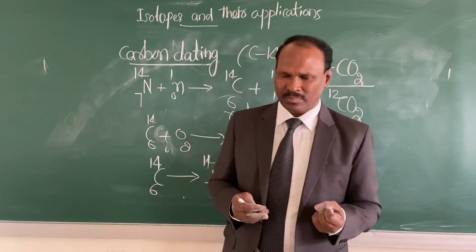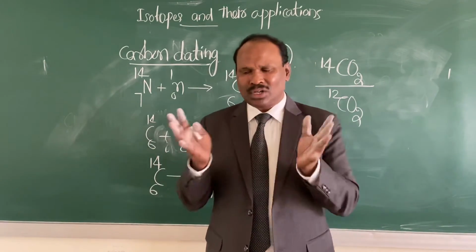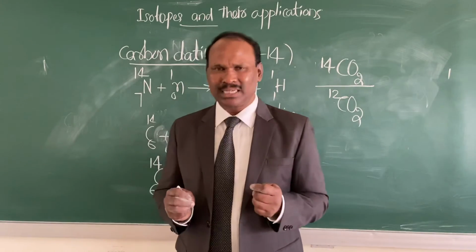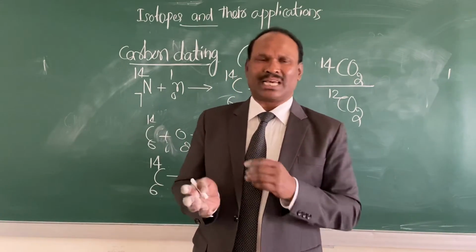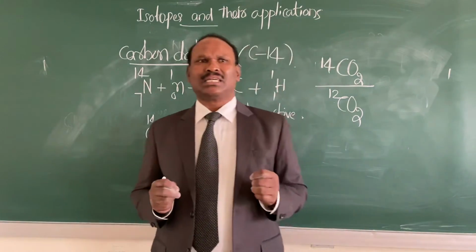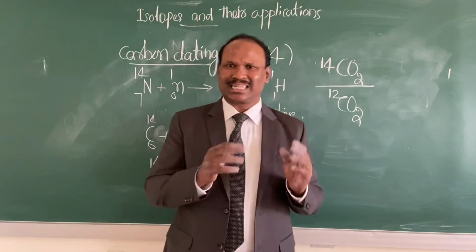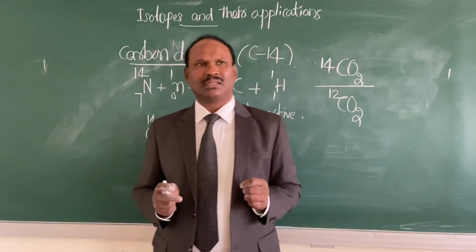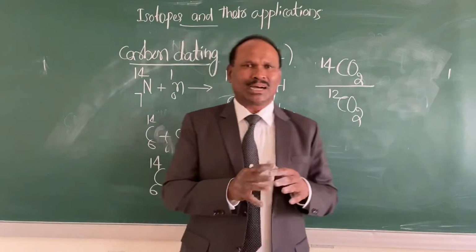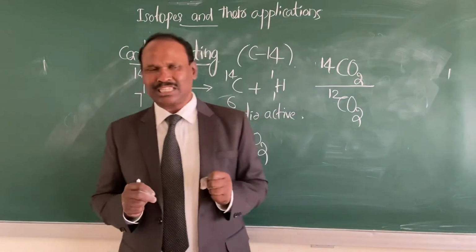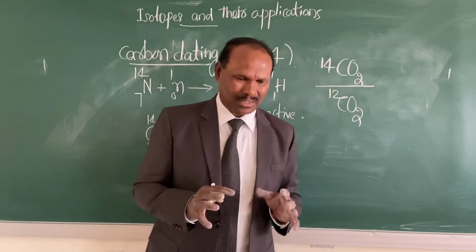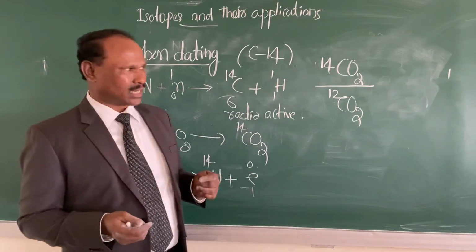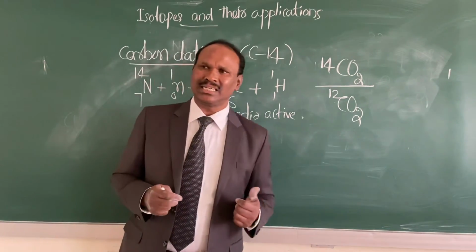By knowing the amount of beta rays emitted, we can calculate the amount of carbon present in that dead plant or animal. Once we calculate the amount of carbon present in the dead fossil fuels, we can calculate its age.